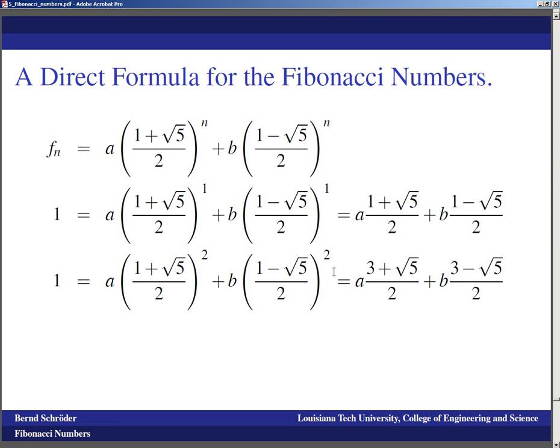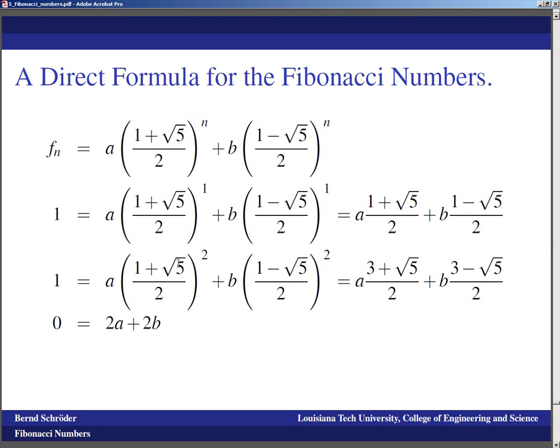Correct. And here again, just try to work it out mentally. 1 minus 2 times root 5 plus 5 would give us 6 minus 2 times root 5, and that's (3 minus root 5) over 2. So yeah, that all works out. Let's see, what's the next thing to do here? Probably subtracting the 2 off of each other.